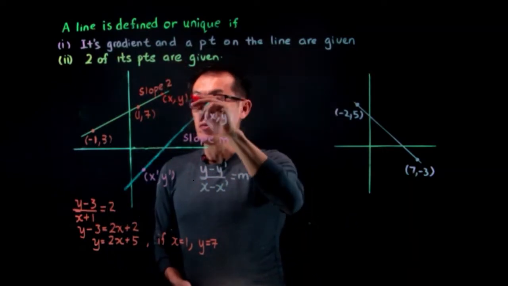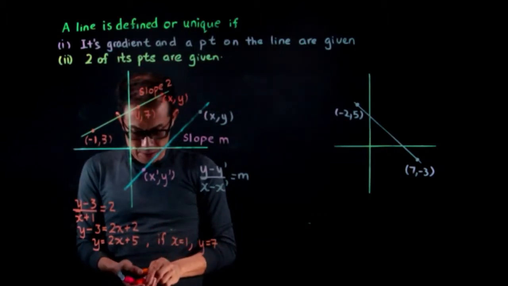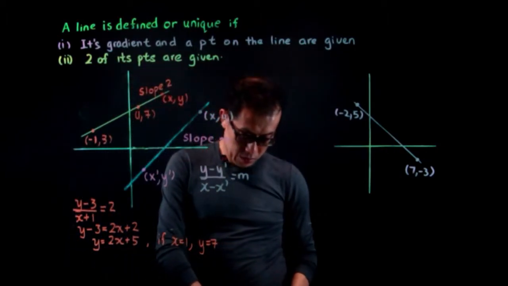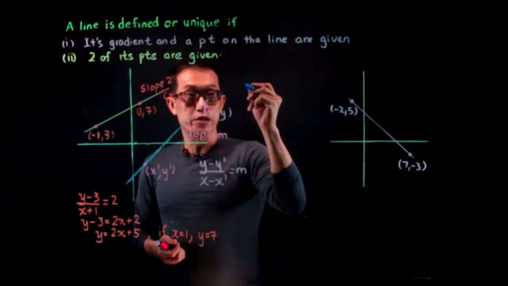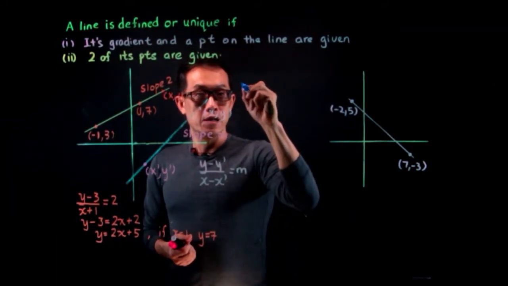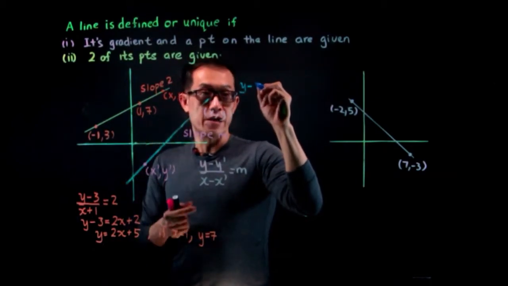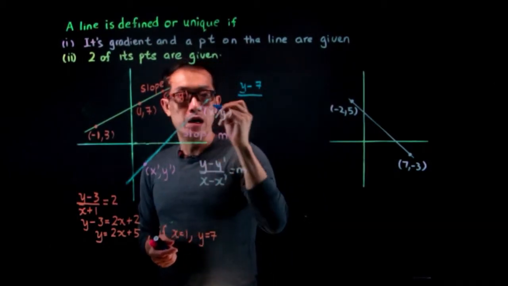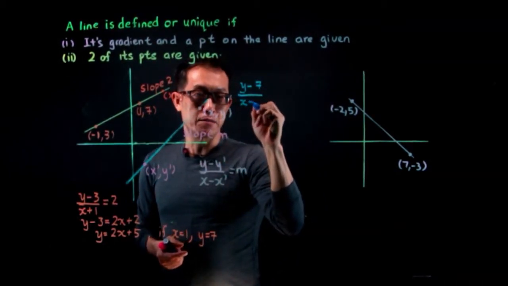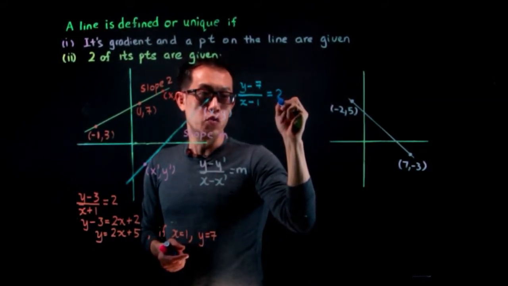Okay, let's say we do it here. Maybe I'll use a different color. All right, I shall use blue. So let me get the equation of this line. You have y minus 7 over x minus 1, and you get a slope of 2.